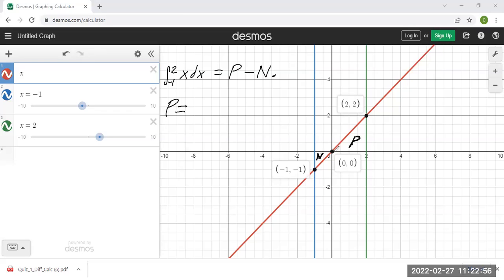Well, what is the positive area? It's a triangle with a base of 2, a height of 2. So we get 1/2 the base times the height. Do a little simplification, that's just 2.